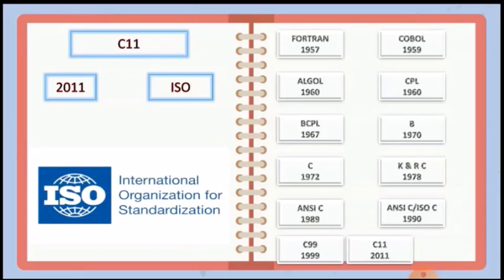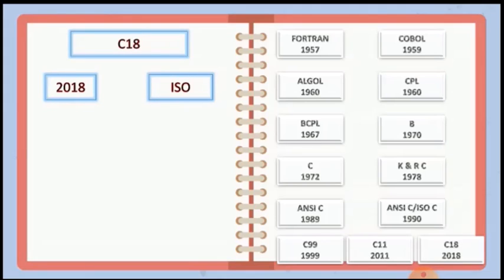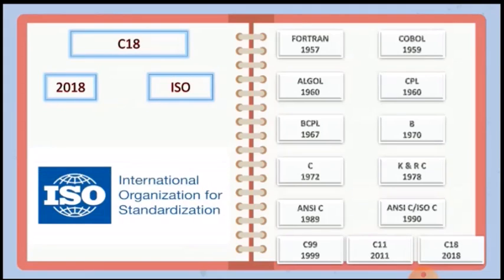A new version was introduced, that is C11. Similarly, in 2018, problems faced in C11 were solved, and the new version, C18, was created. So that's it for today's session.